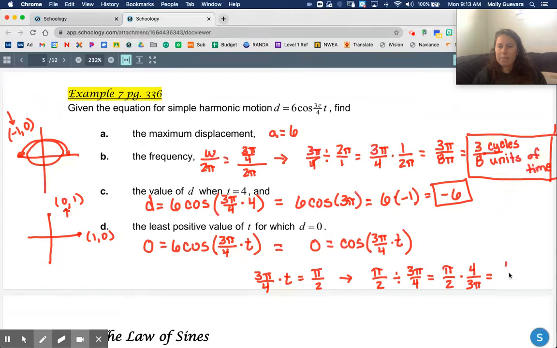And I get 4 pi over 6 pi. The pi's cancel, and I get 2/3. So that is the smallest value of t that I can have that will get me 0 as an output. So t is equal to 2/3.